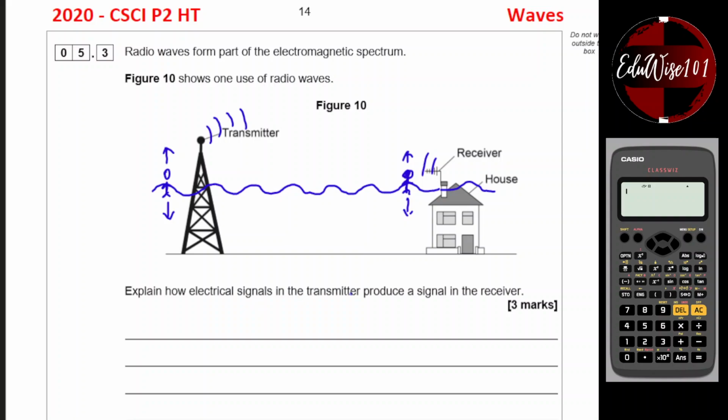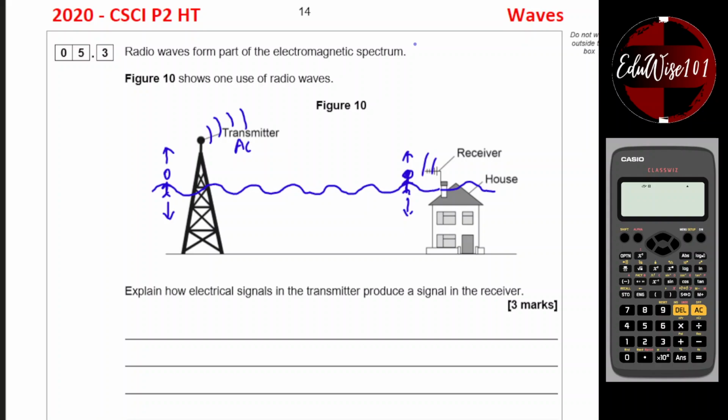Explain how electrical signals in the transmitter produce a signal in the receiver. So in the transmitter, what you have is an AC current. An AC current is an alternating current where the current is constantly changing direction. So if you get a single wire and pass a current through it, it produces a magnetic field, and if at high frequency, if you change the frequency, it can produce an electromagnetic field, which is basically radio waves, right?